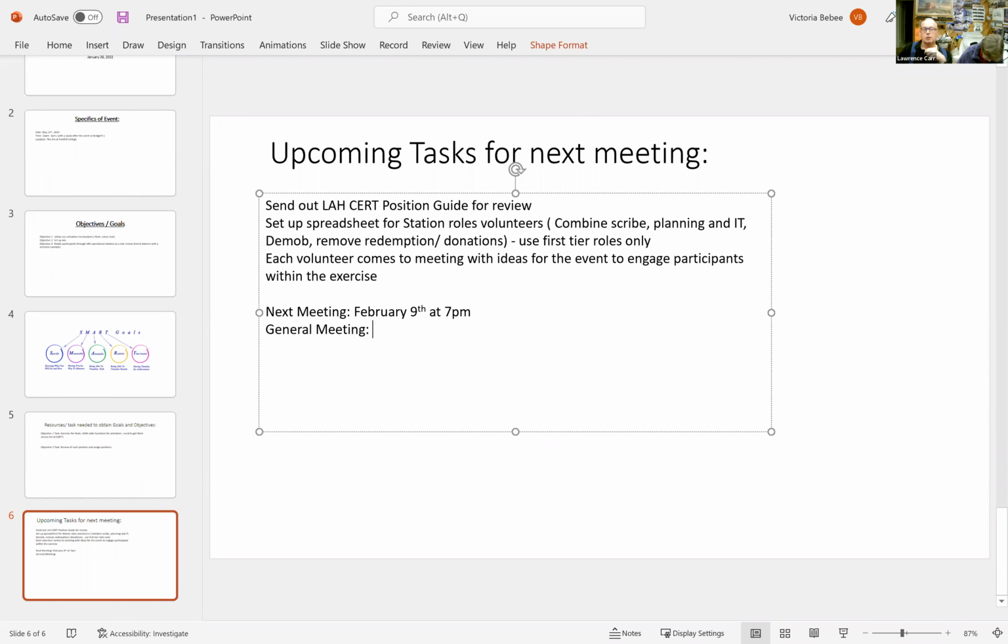My suggestion would be to wait a bit longer even than that. I think we want to be closer to the actual time of the event, so that we say, hey, this is what we're thinking of doing. This is how we've laid it out. Are we missing anything?